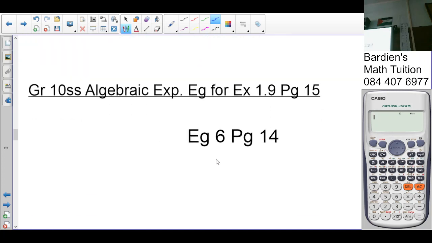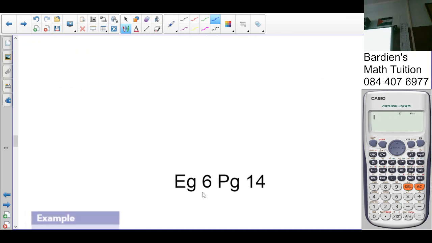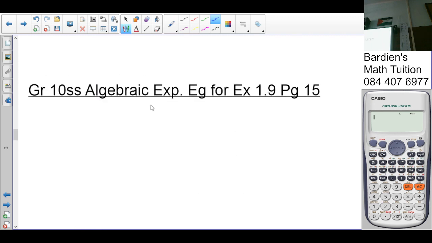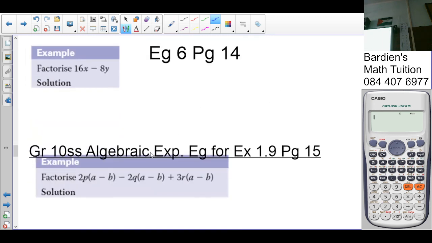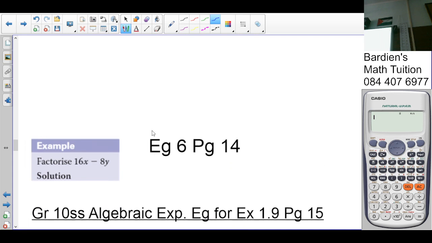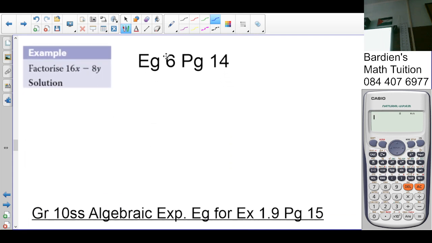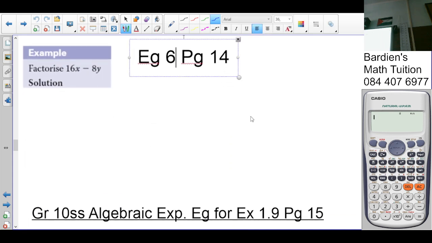This is example 7. Example 7 on page 14. The question says factorize 6x minus 8y. What is common? 8. Somebody said 2.